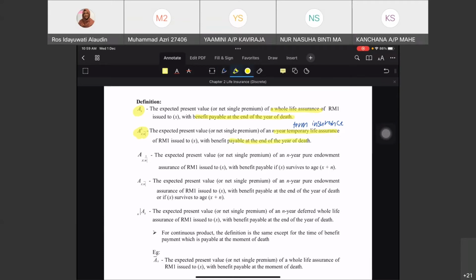You have to know the definitions as well so that you can understand more. So this is for pure endowment, this is for endowment, and this is for the deferred insurance. So we have 5 types of insurance: whole life, term, pure endowment, endowment and also the deferred. Actually, endowment is a combination of term and pure endowment.